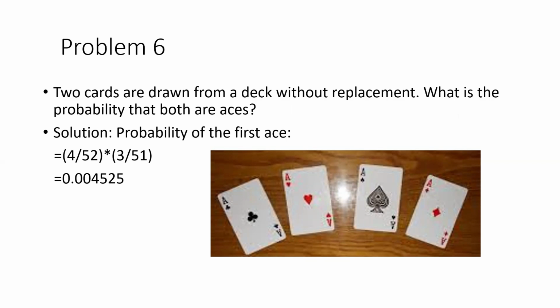So the next probability is 3 by 51. For two cards drawn without replacement, the probability that both are aces is given by multiplication, because the events are dependent. Drawing the ace first has an effect on the second one, because the cards are reduced and the aces are reduced. The calculated value is 0.0045.